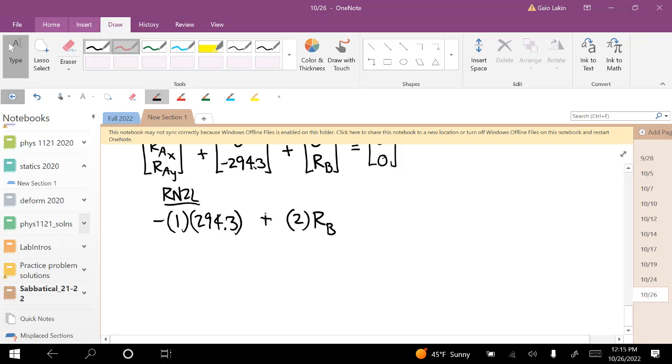Counterclockwise, so this is positive. And all this is 0. So RB is 147.15. And RA is 0 for x, 147.15 for y.